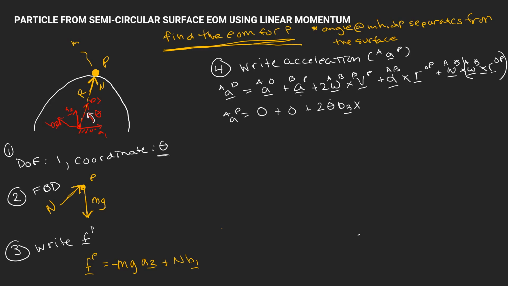Cross with the velocity of point P in frame B, which is also 0. So now we have our angular acceleration crossed with ROP, which is just equal to RB1, plus theta dot B3 crossed with theta dot B3 crossed with RB1.